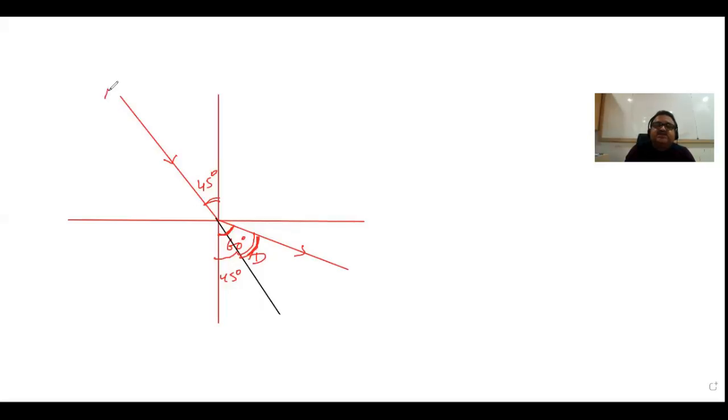Suppose this is A, this is O, this is B, this is C, this is M, and this is N. As I said earlier, you can write angle AOM is equal to angle CON, and both are equal to 45 degrees.